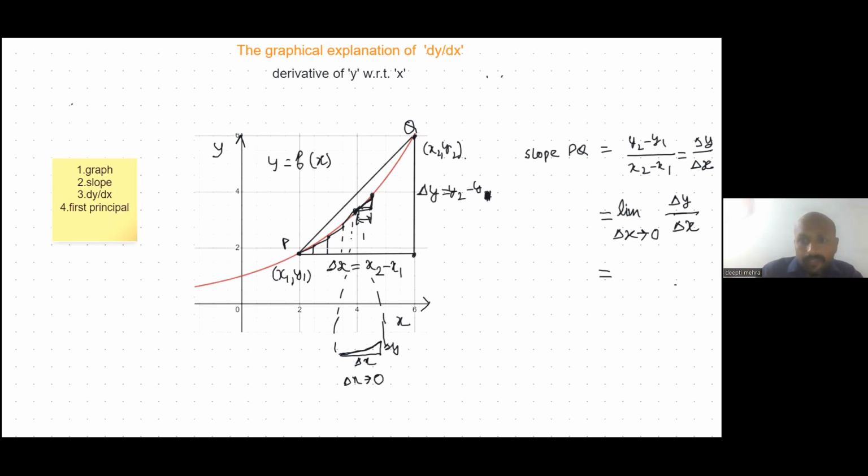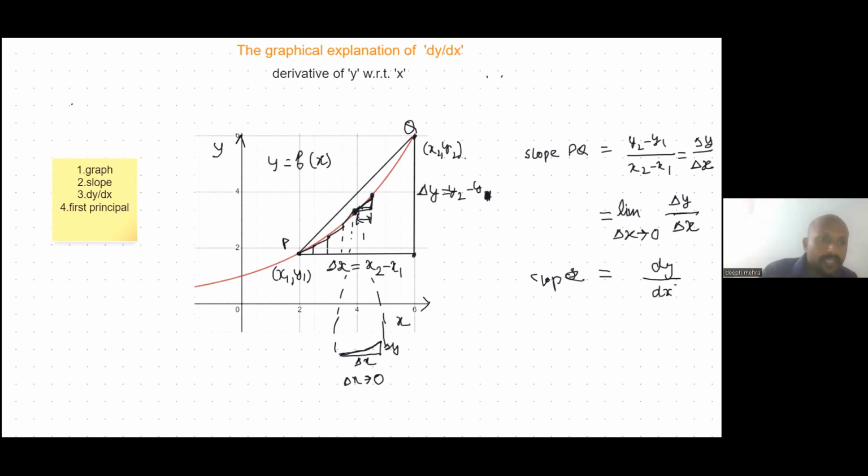When delta x approaches 0, delta x is named the differential x, the differential change in x, and the corresponding change in y is called the differential y. This is called the derivative of y with respect to x, and this is basically the slope of a line at a given point.